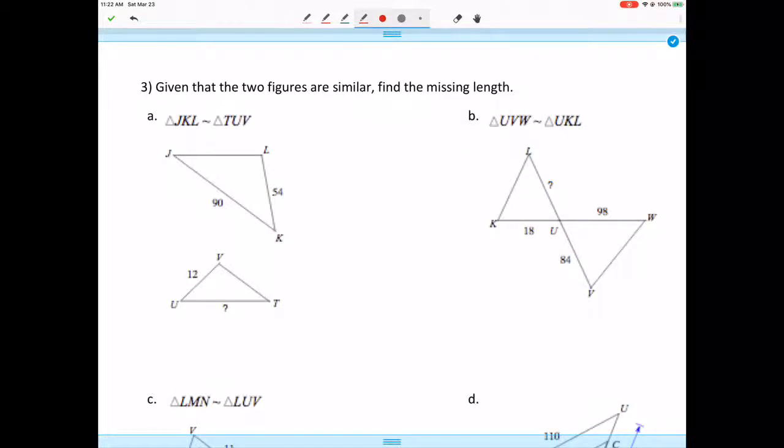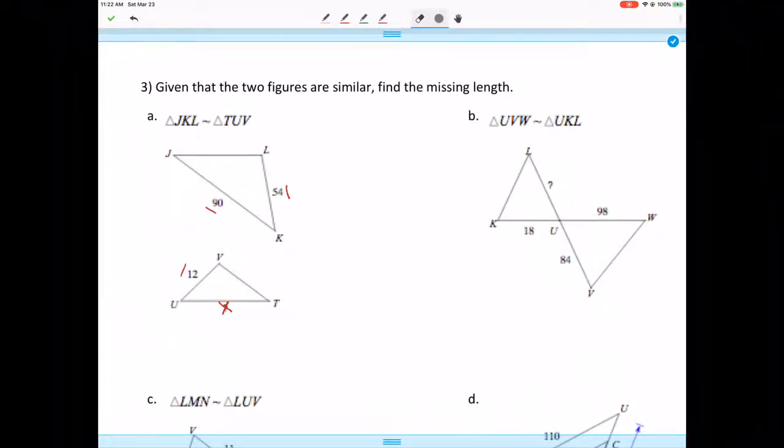But let's start doing some of these problems. These are typical problems that will be on the test, where they give you two sides on one triangle and only one side on the other triangle, and we need to find this x.